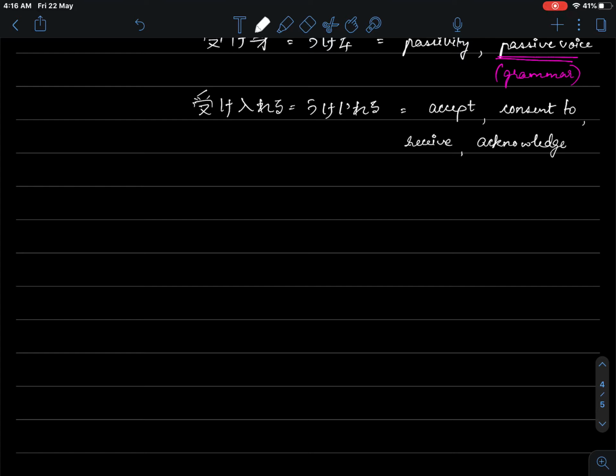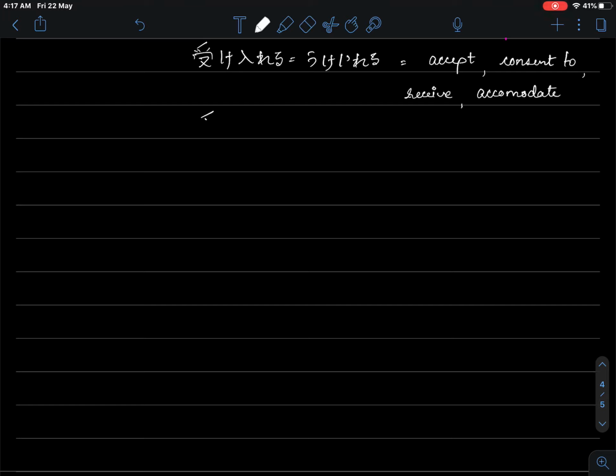Oh, I apologize. It means to accommodate. Again, you can see the ukeru is the receiving part and ireru is to put in. So accept, consent, receive or accommodate.